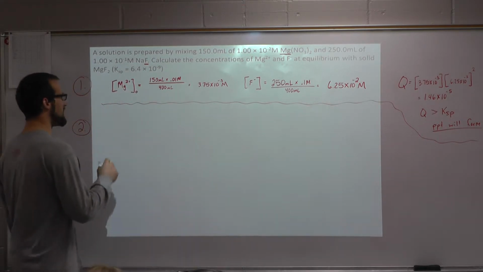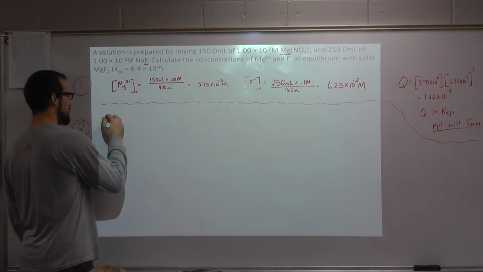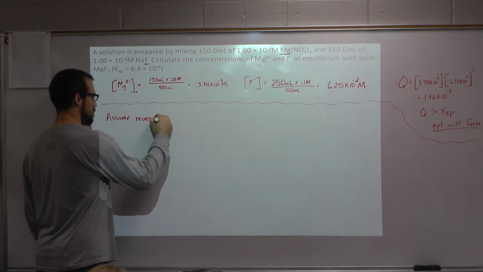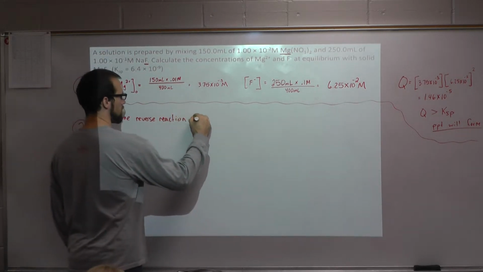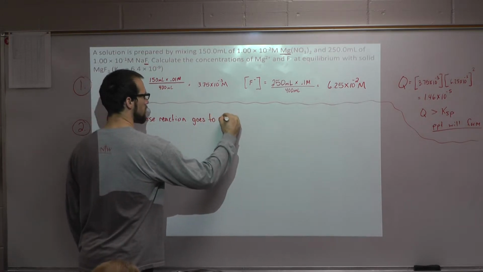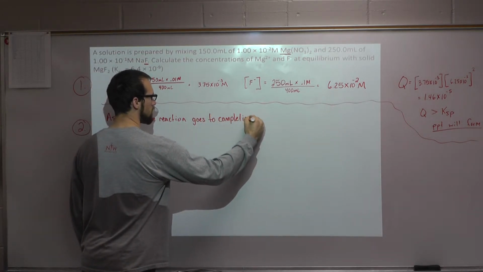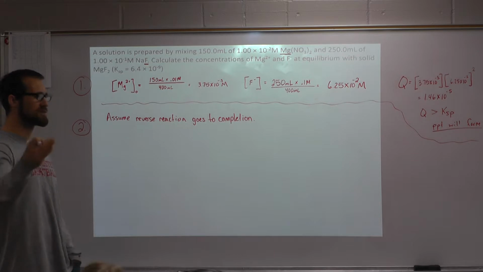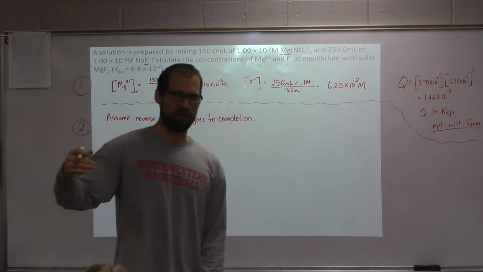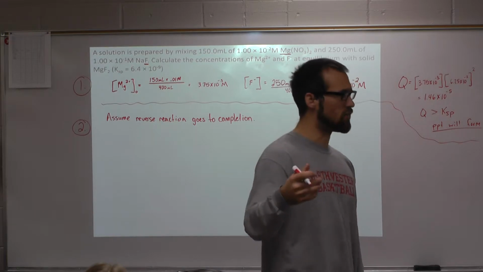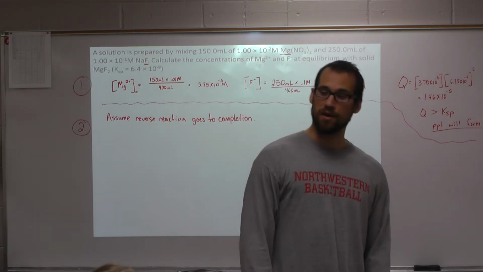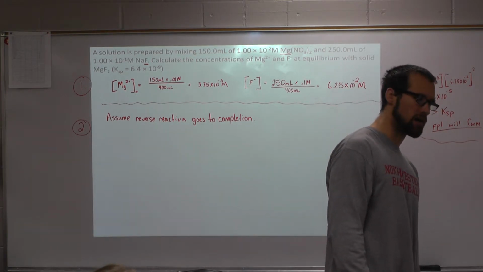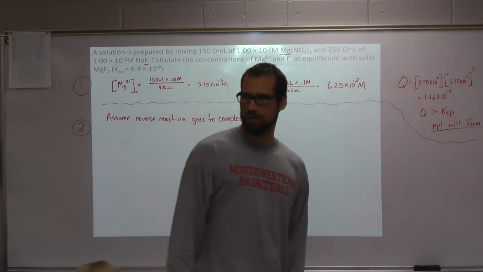Step two is, because we went past the K value, it's very difficult from the information past the K value to be able to find where equilibrium lies. So we're going to go all the way back to the beginning, assume it precipitates all out, and then do a regular equilibrium problem.